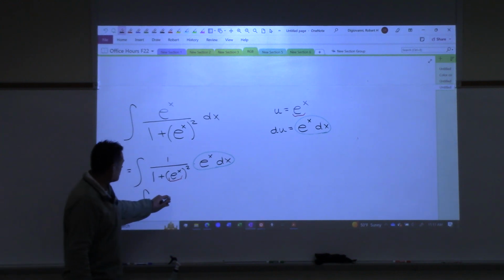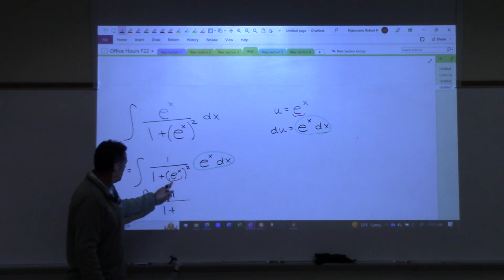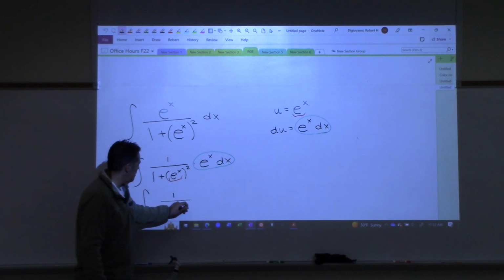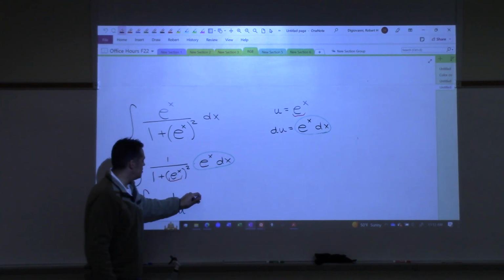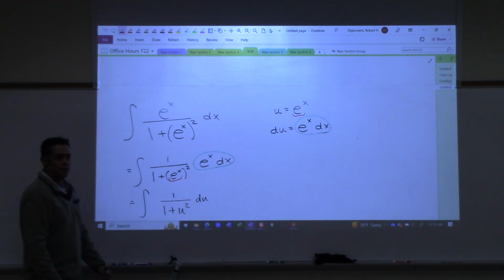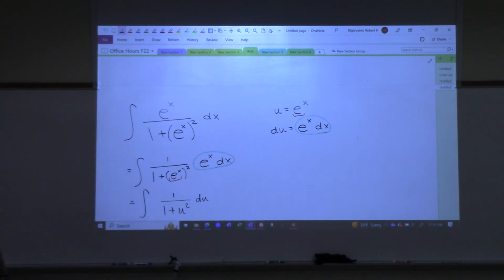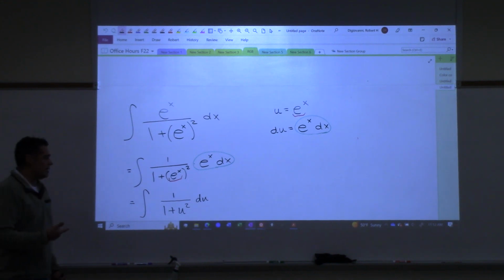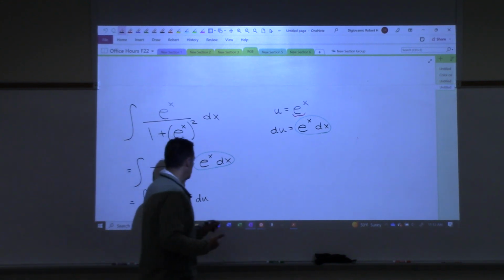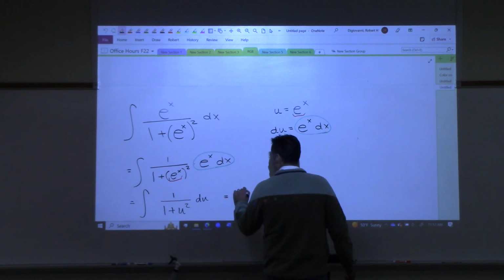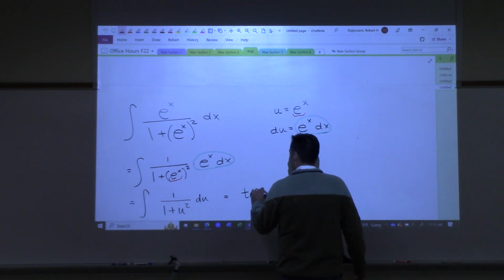So now I rewrite the problem, right? 1 over 1 plus, that was u, so u squared, and that was exactly du, so du. And we should recognize the antiderivative of that as being what? Tangent inverse. So we're going to put tangent inverse of what?